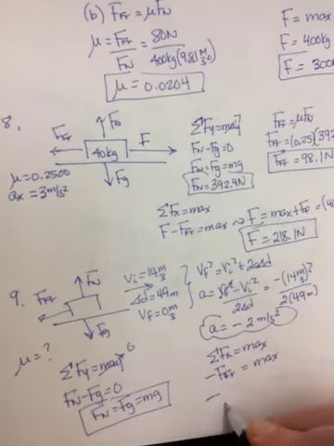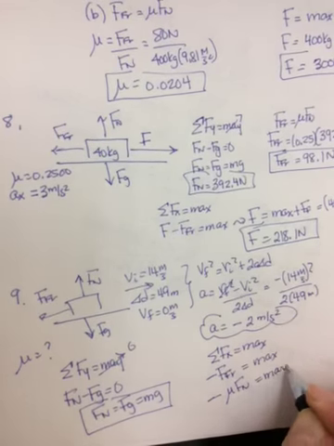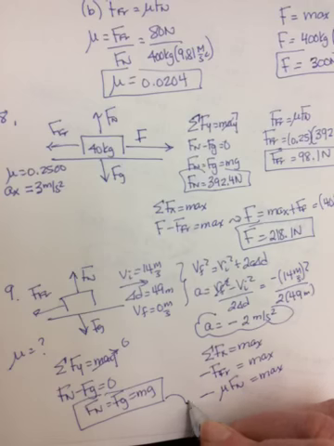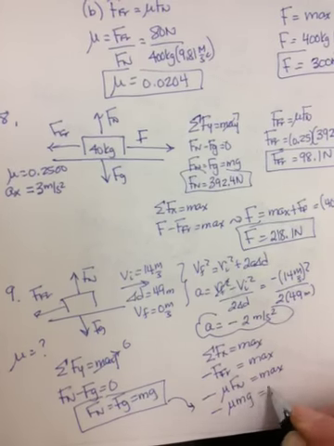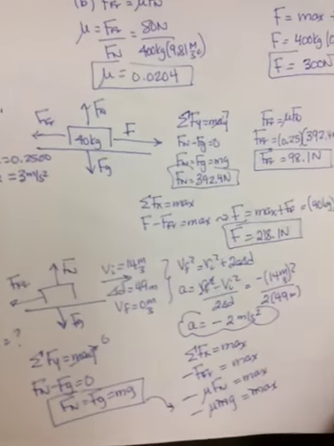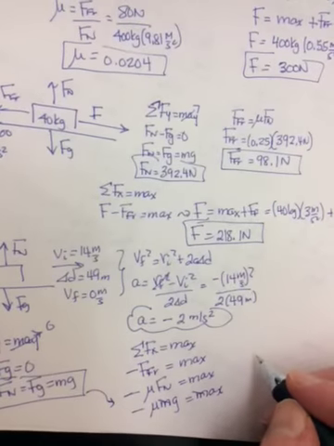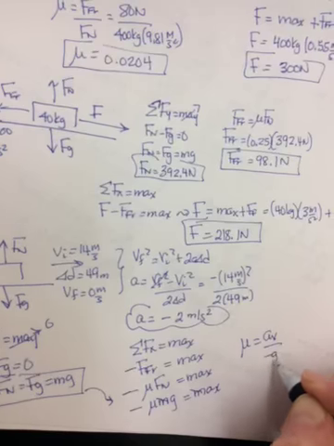Of course, we know that friction is mu Fn, so it's mu Fn is equal to max, and we know Fn is mg. So negative mu mg is equal to max. The m's will cancel, so it's okay that I didn't give you the m. You're solving for mu, so divide by negative g.